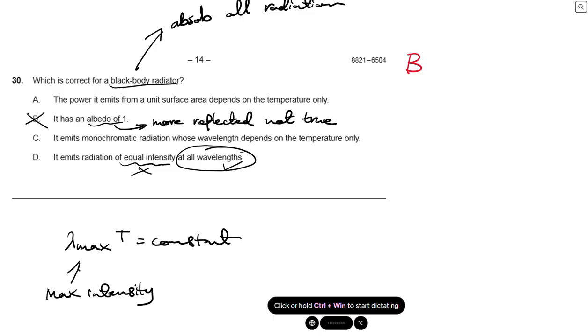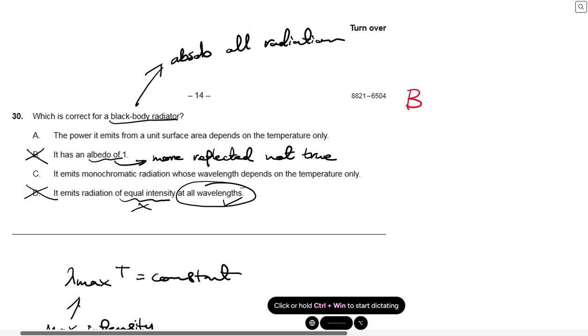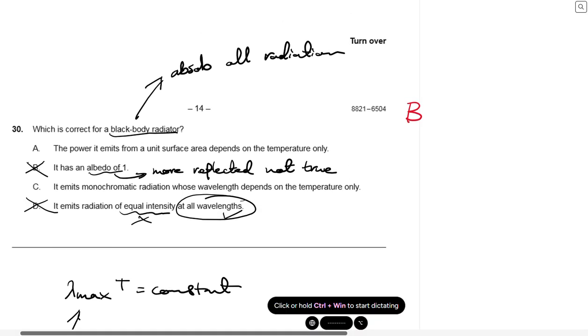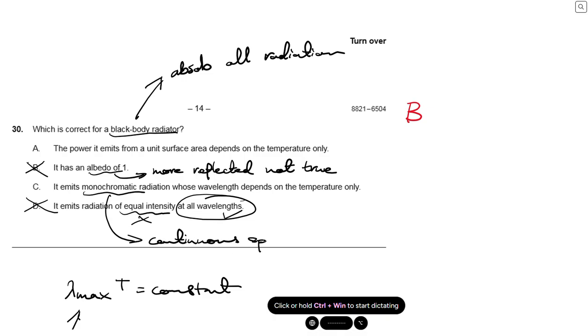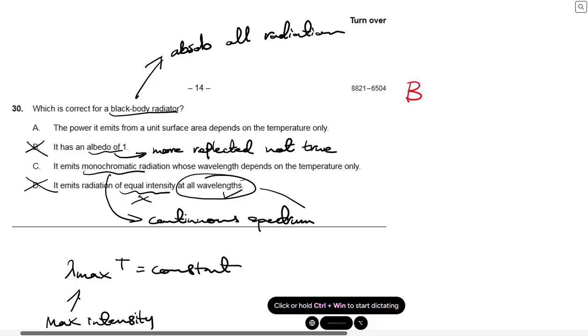Intensity is different with the wavelength, so this is wrong. Now we have A and C. It emits monochromatic radiation whose wavelength depends only on temperature. It's not monochromatic, so no. We just discussed that it's a continuous spectrum of different wavelengths, which means a bunch of different wavelengths.